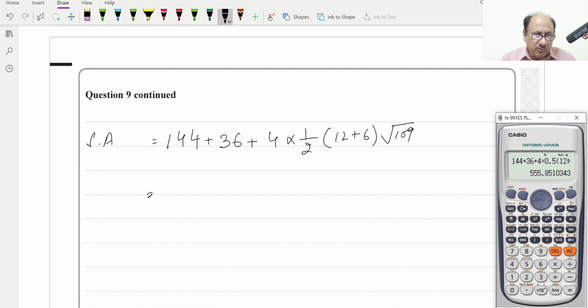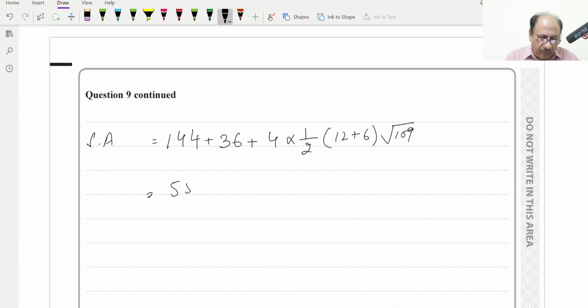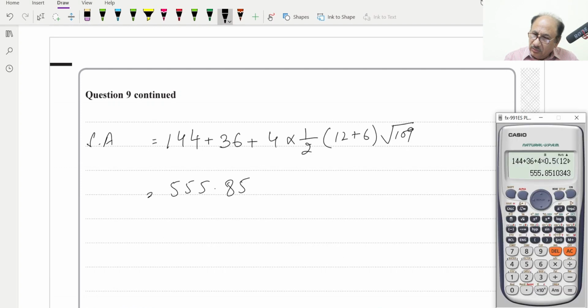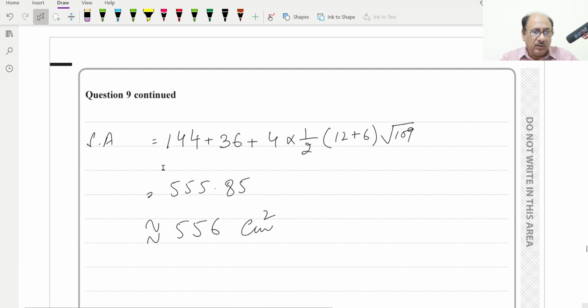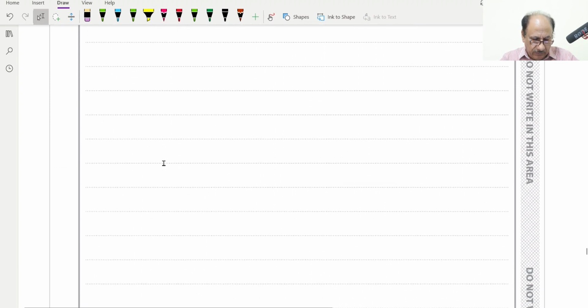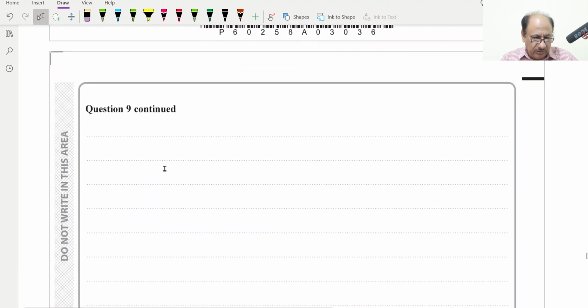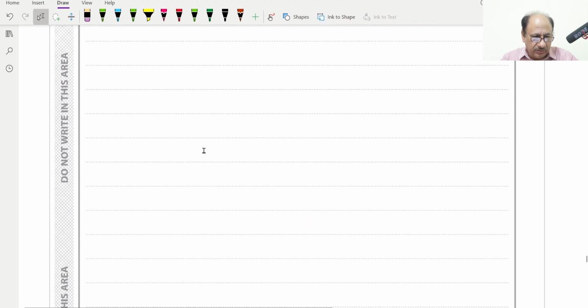This results in 555.85. So now we can write it approximately as 556 centimeter square, because this is area. This is done. Now this was a little tricky question. The second part was a little tricky.